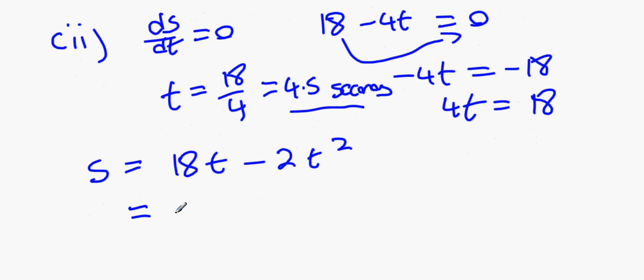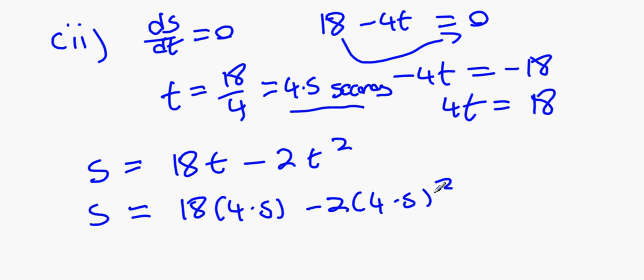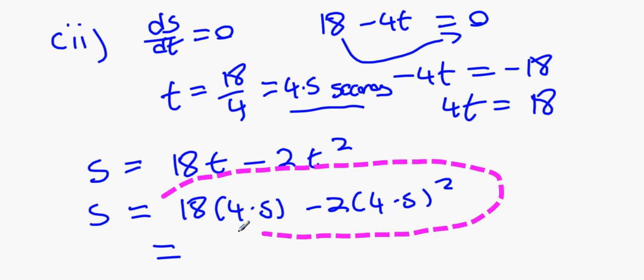So the distance covered in this time is going to be 18 times 4.5 minus 2 times 4.5 squared. Just put that straight into the calculator. So all of this right here just goes into the calculator exactly as it looks. And please remember your brackets, very important. And we get 40.5 meters.